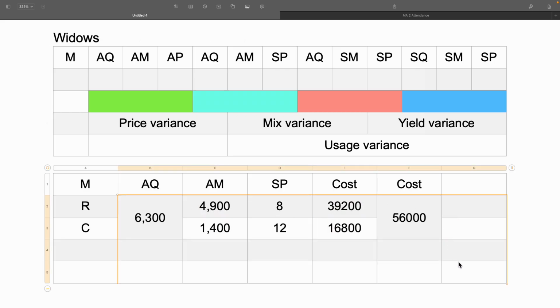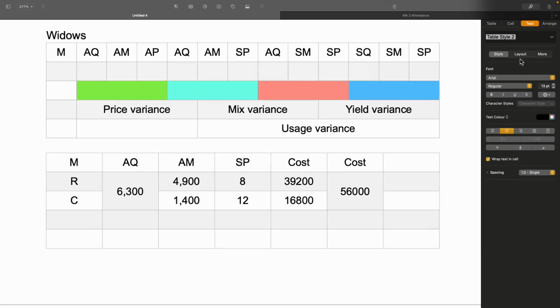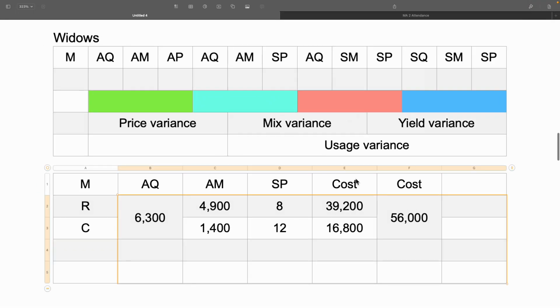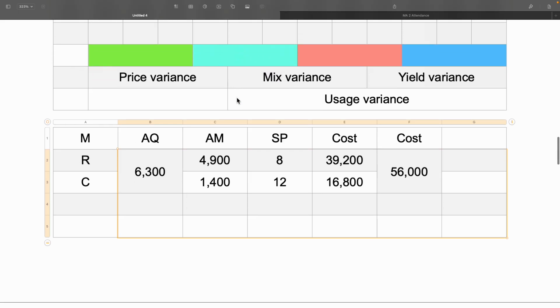Right guys, that would be the actual cost that you need to be worried about for the first mix, first level, this one. Okay, next, do the same thing.